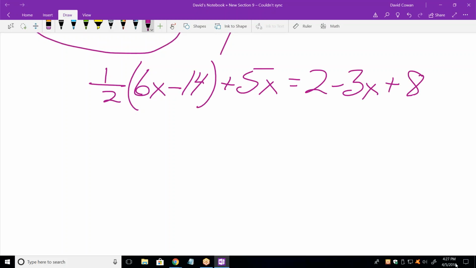Exactly like that? Let me double check real quick. So 1/2 (6x minus 14) plus 5x equals, yep, that's it. No parentheses on the right side. It's going to be hard to write down, so type in chat what it is.